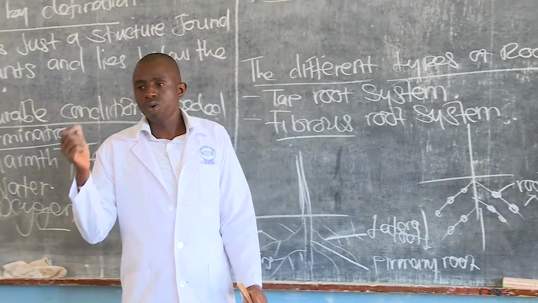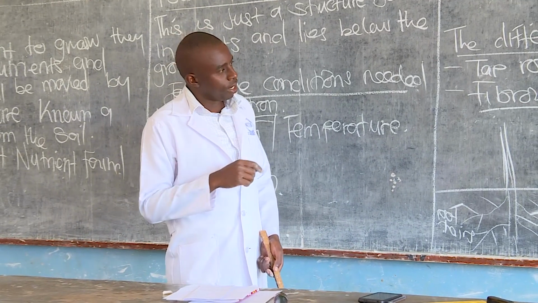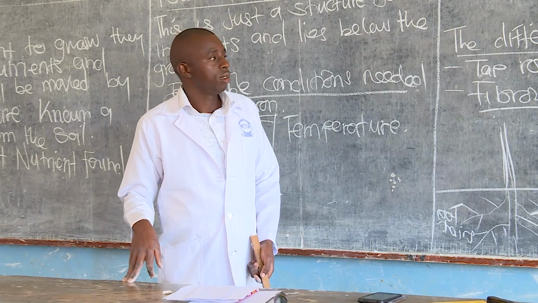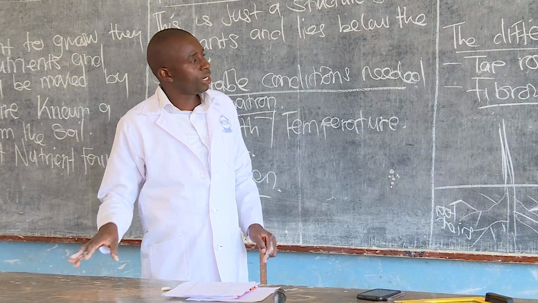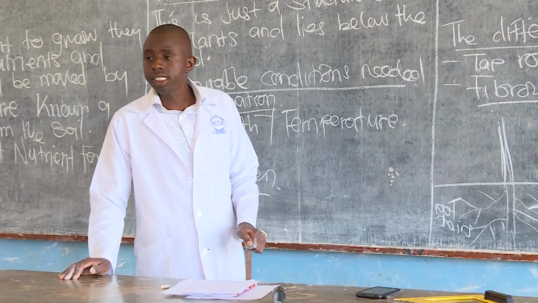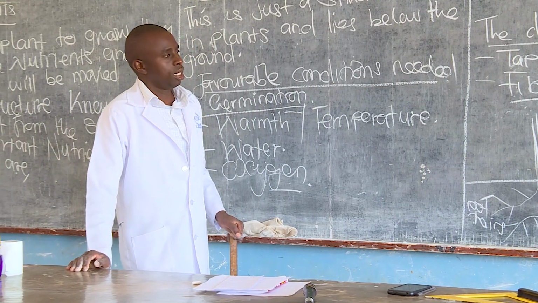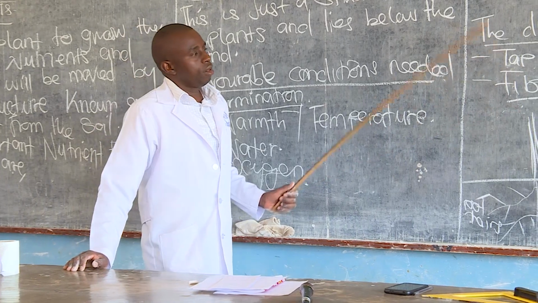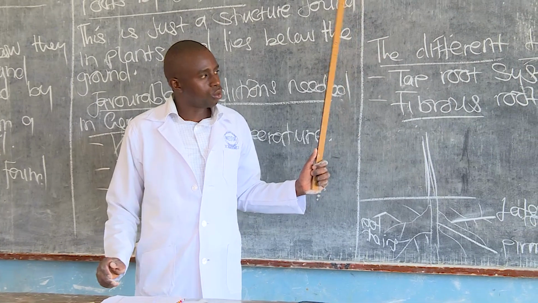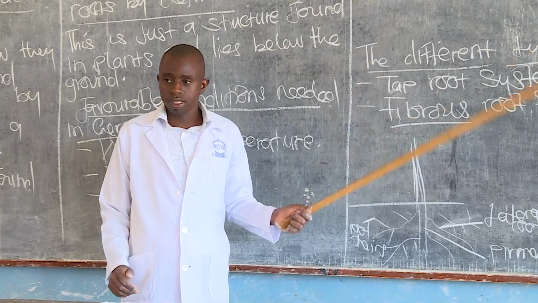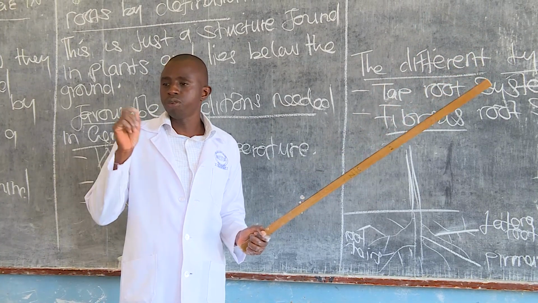Now, coming back to where you are seated at those tables, there are roots which have been provided in two specimens. There is a specimen labeled Z, and the other specimen has been labeled X, according to the way they appear in the soil. There is X and Z as specimens in the form of root systems.